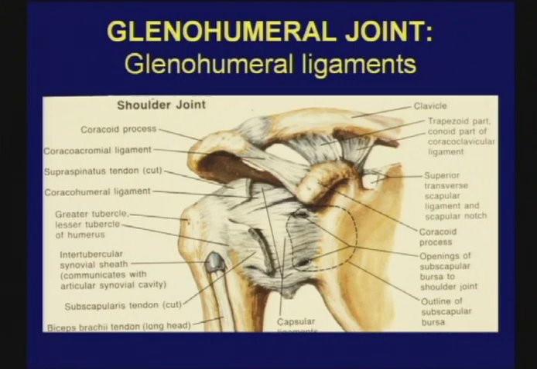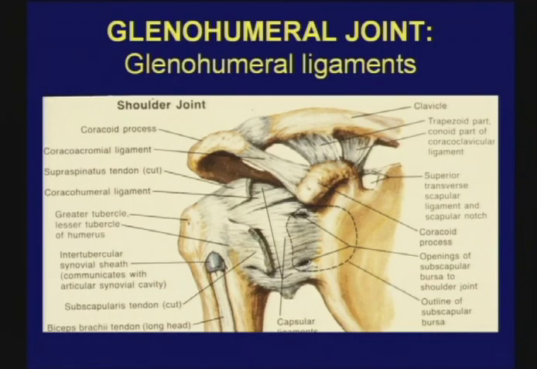They're shown well in the Netter drawing because on the Netter drawing we can see the superior, the middle, and then a portion of the inferior glenohumeral ligament. On the Netter drawing, we can see there are openings between the superior and middle and between the middle and inferior ligaments, but the number of openings vary tremendously from one shoulder to another.